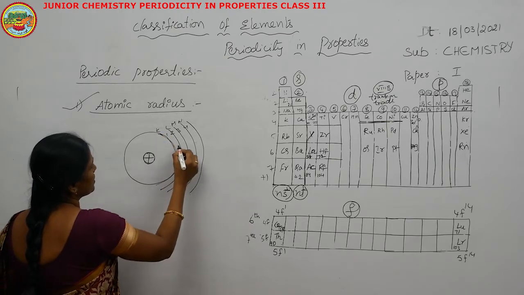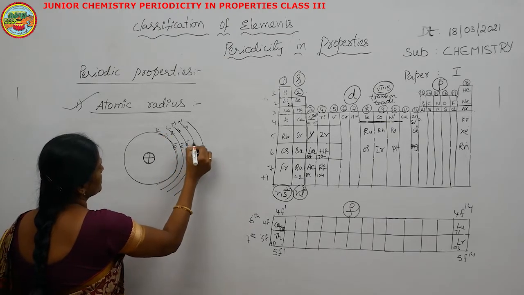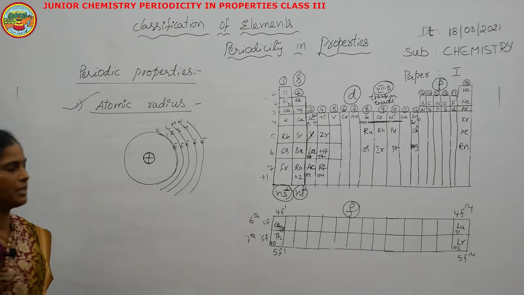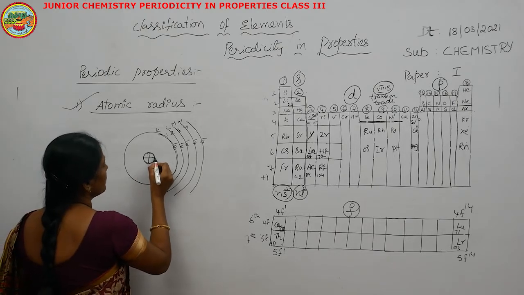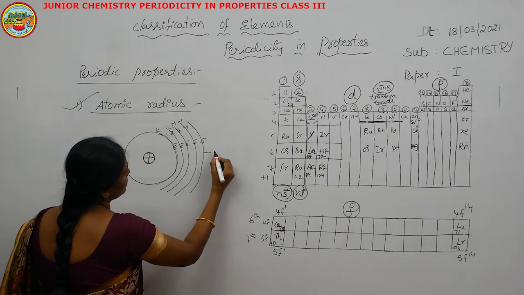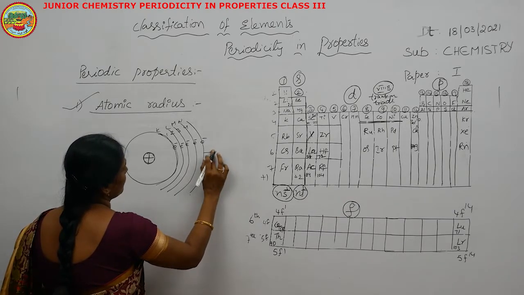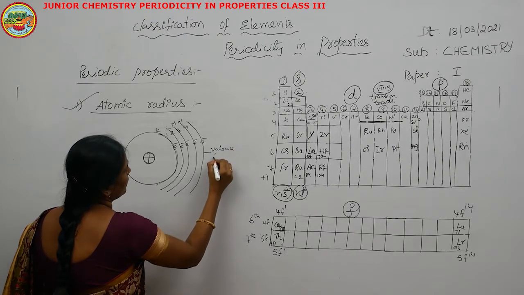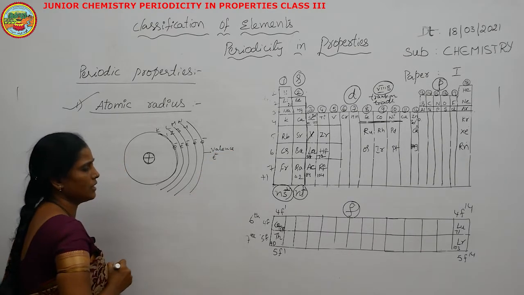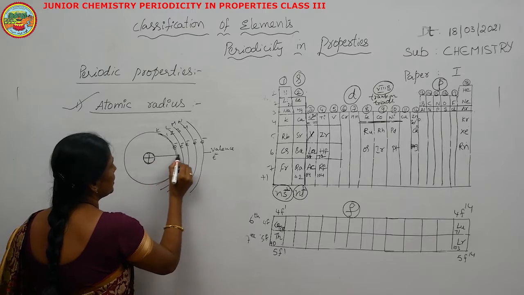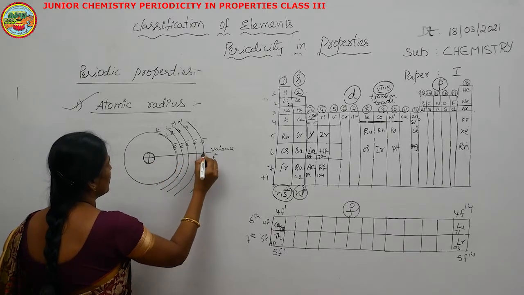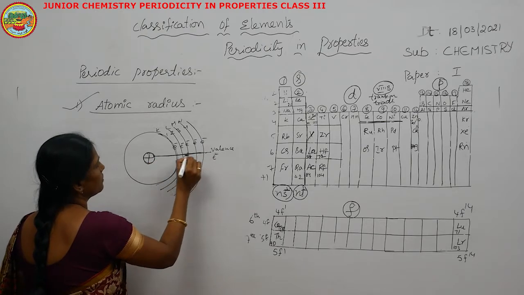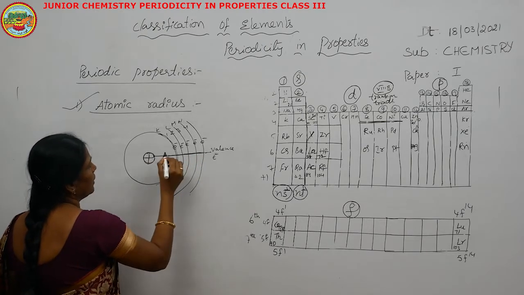In these orbits electrons are present. Then what is atomic radius? The distance from the nucleus to the outermost electron, the valency shell or valency electron. The distance from the nucleus to the outermost orbit is called atomic radius.